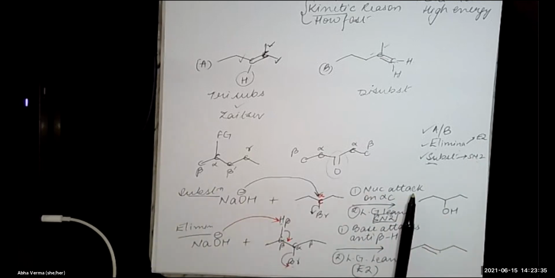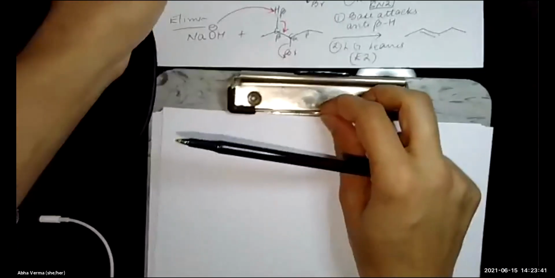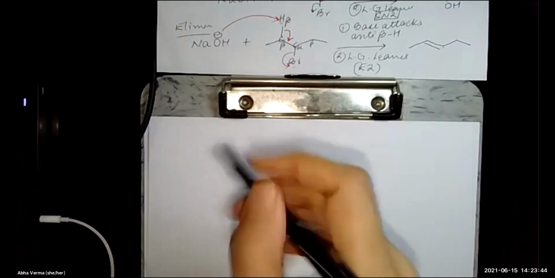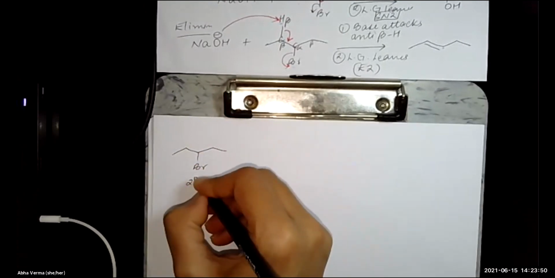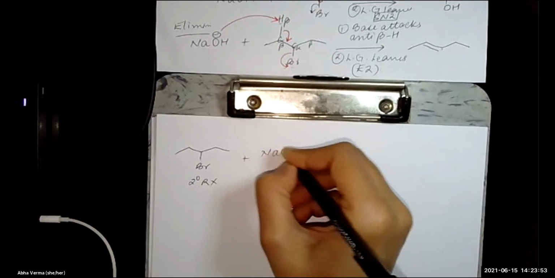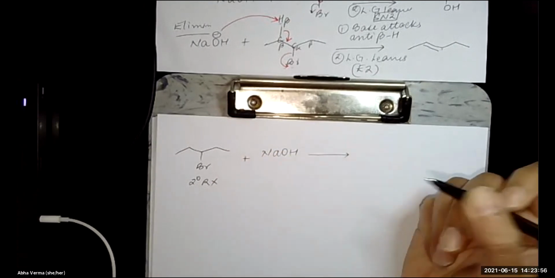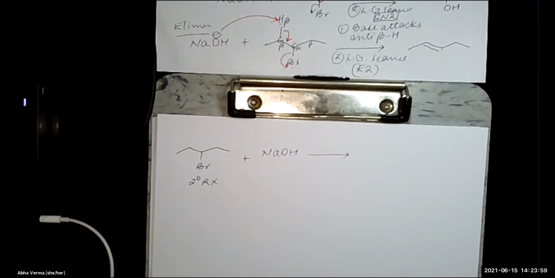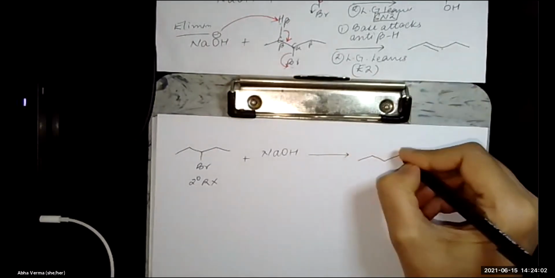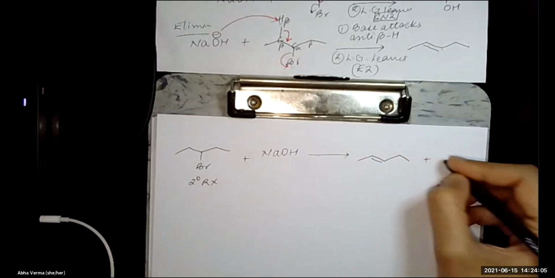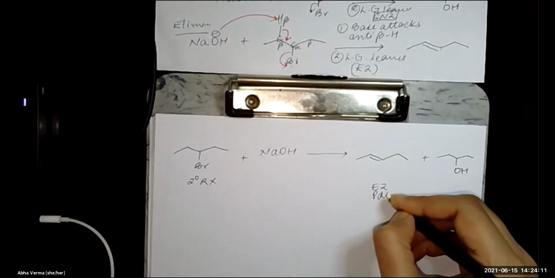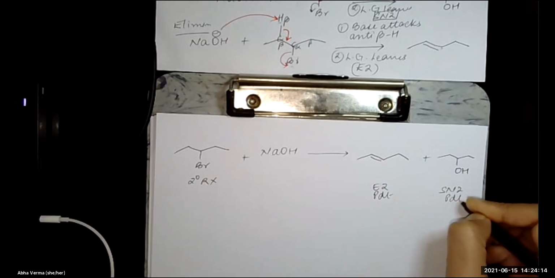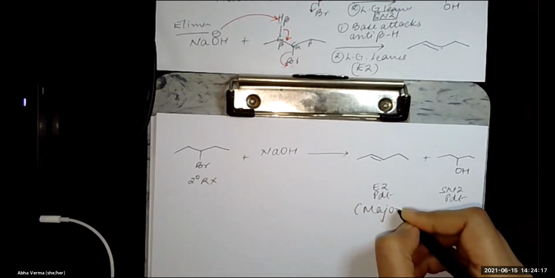So if you look at this reaction, if I redraw this reaction again, I have this substrate, this secondary RX plus NaOH, and I just have every other condition similar. I am going to get an E2 product and my SN2 product, but the E2 product will be major.